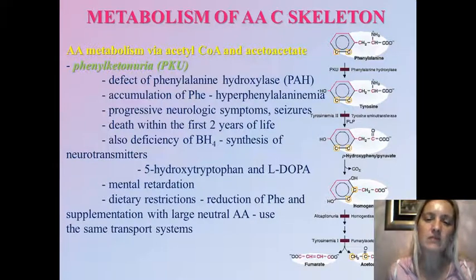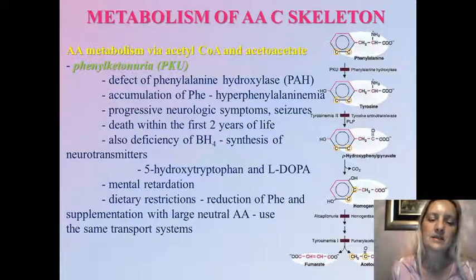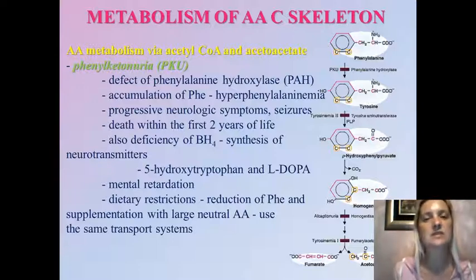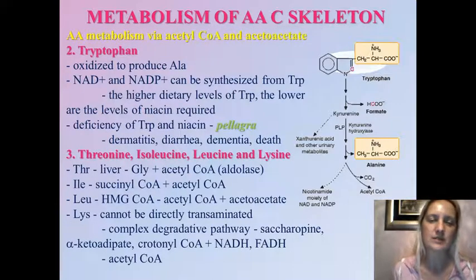And the point of this is the reduction of phenylalanine in the body, and also supplementation with large neutral amino acids can be applied, because those amino acids are competing for the same transport system, thus decreasing the reabsorption and absorption of phenylalanine from both intestine and renal tubules.